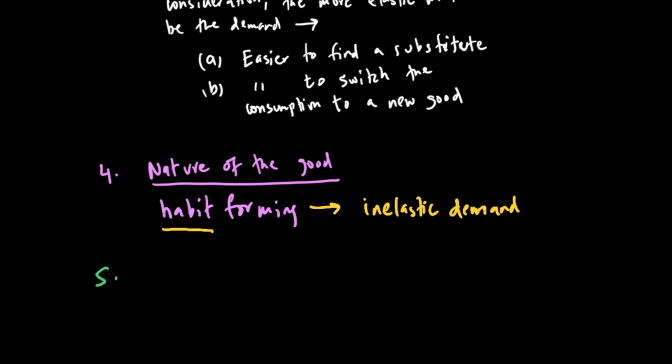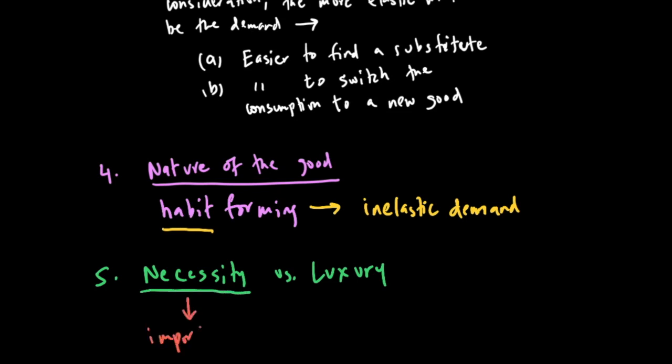The last factor that we want to discuss is whether the good is a necessity versus a luxury. If a good is a necessity, then this means that it is important for our survival.